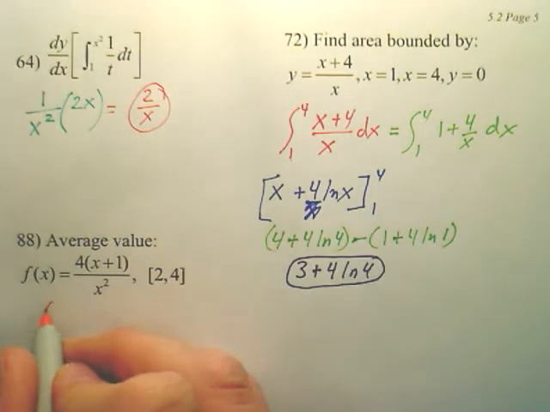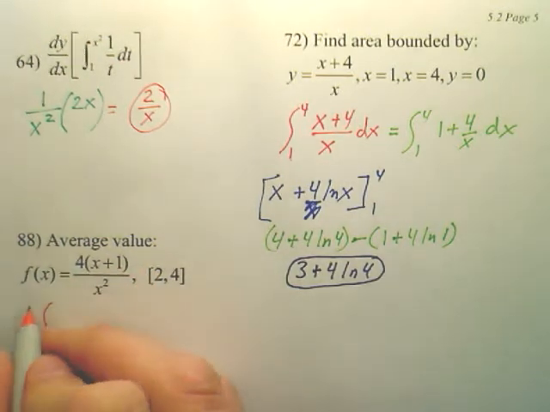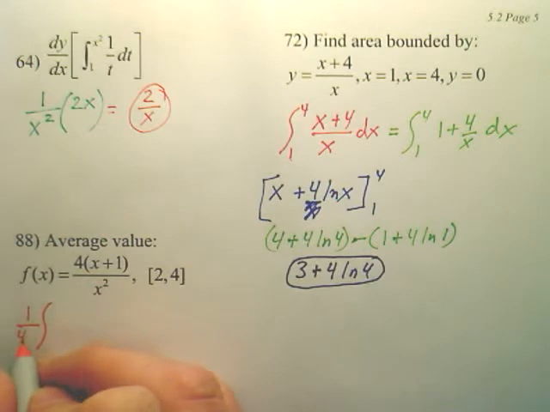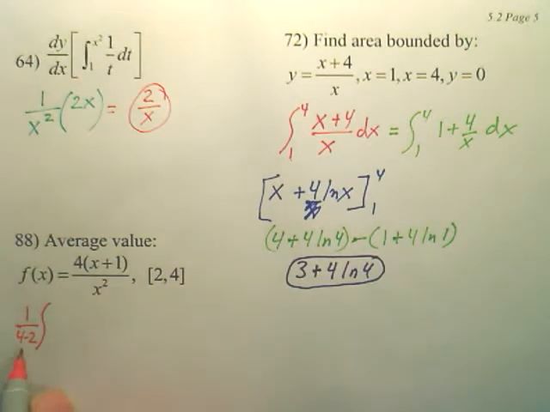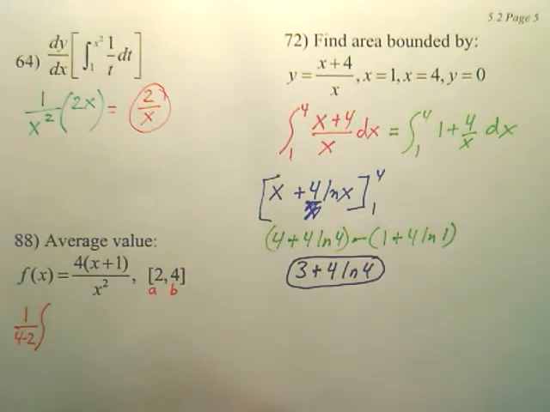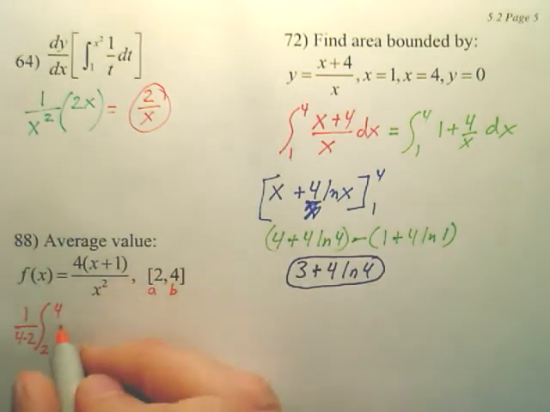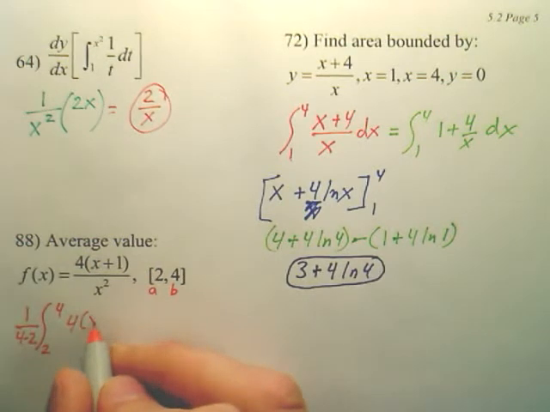And then the last one, to find the average value, you first are going to take 1 over b minus a. The interval is from 2 to 4 of this equation.